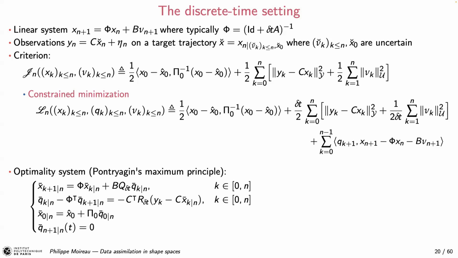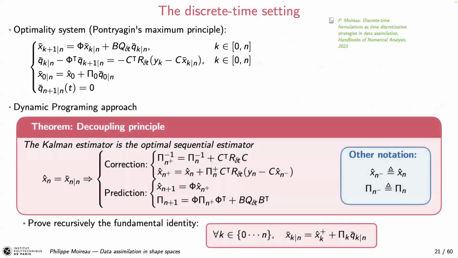And the same theory applies, so that basically, in order to avoid solving this, you can define a guy which is exactly the optimum at time n for a criteria up to time n, and this guy follows a time discrete system which is made of two consecutive steps.